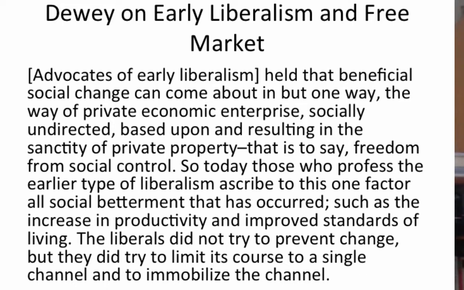So today, those who profess the earlier type of liberalism ascribe to this one factor all social betterment that has occurred, such as the increase in productivity and improved standards of living. The liberals do not try to prevent change, but they did try to limit its course to a single channel and to immobilize that channel.